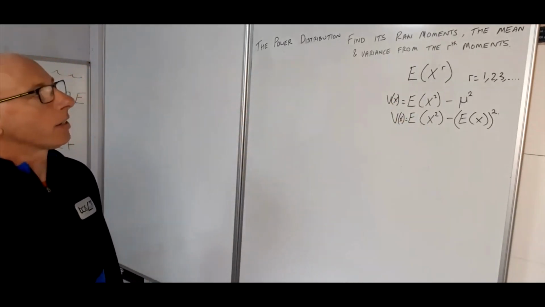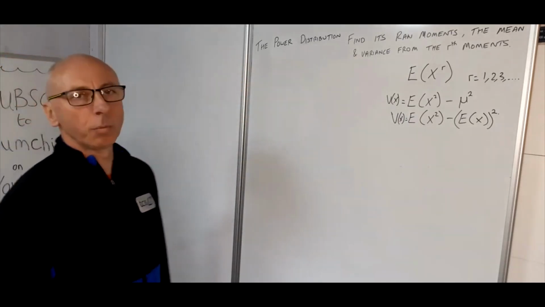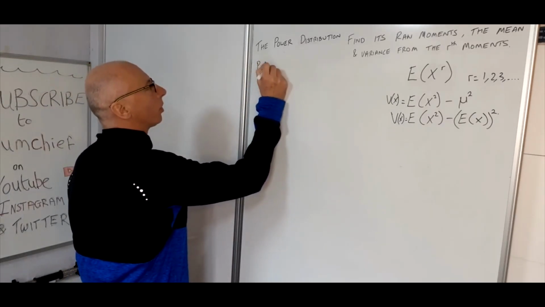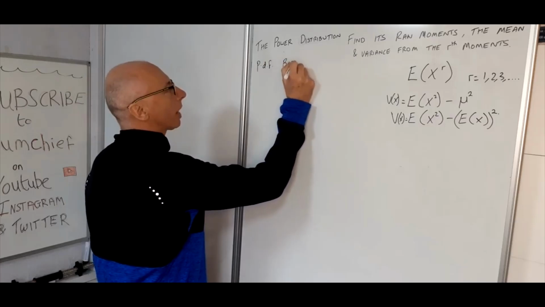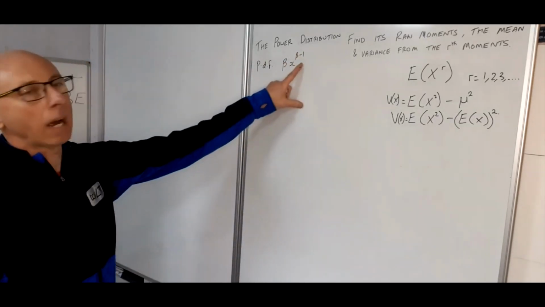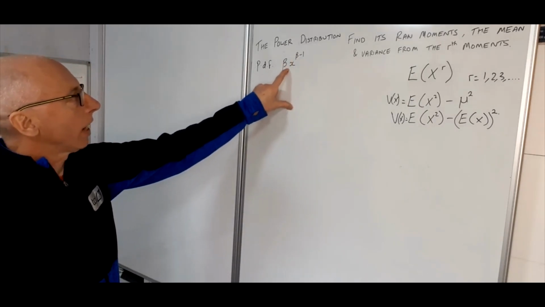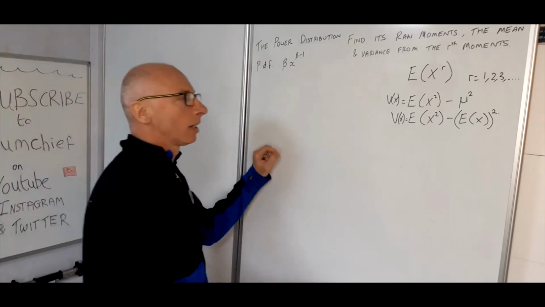Okay, so first of all we need to find out what the formula for the power distribution is. Now the PDF for the power distribution is beta times x to the power of beta minus 1. Beta is the value of a parameter and x is the point of interest.